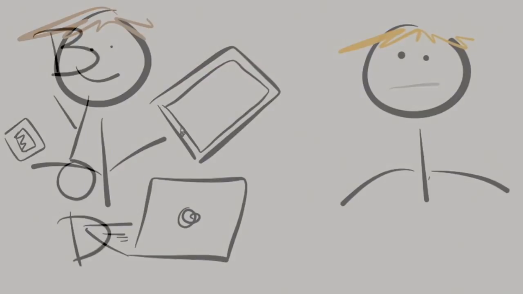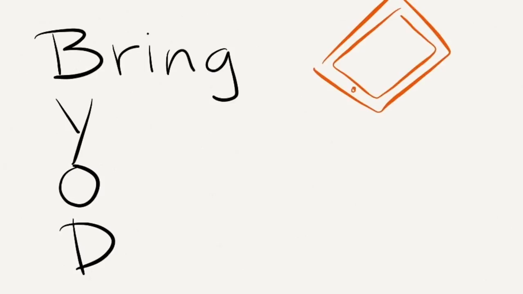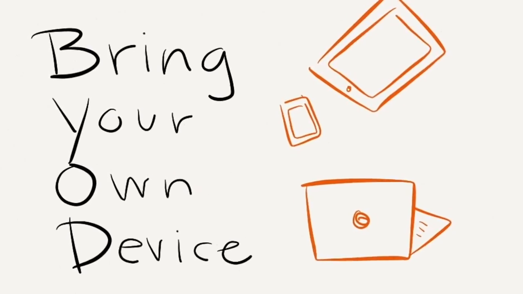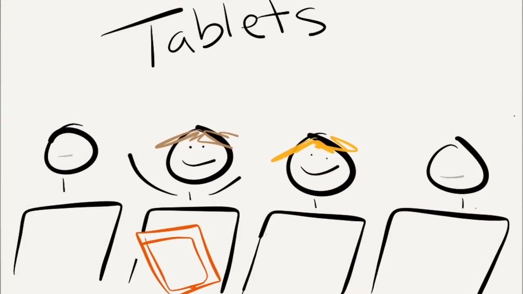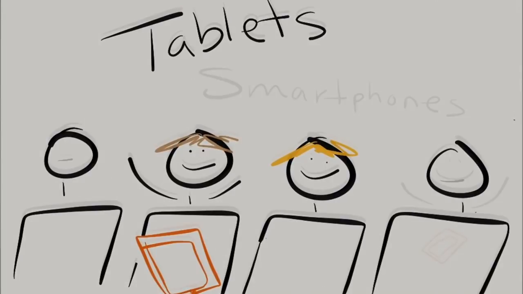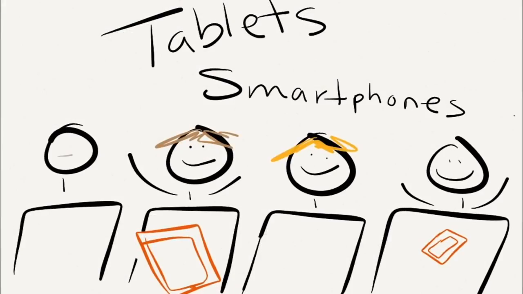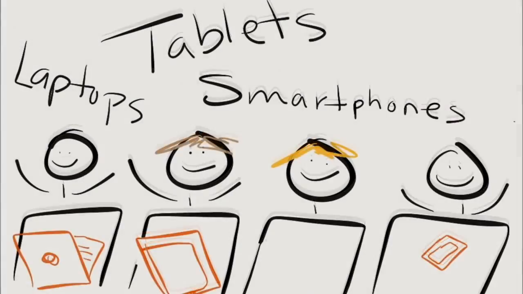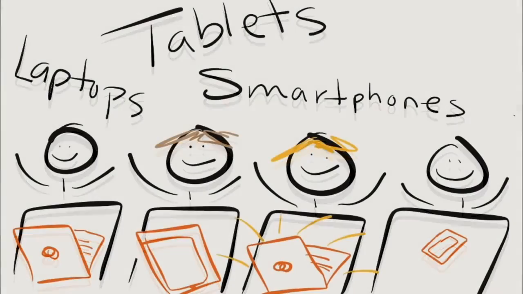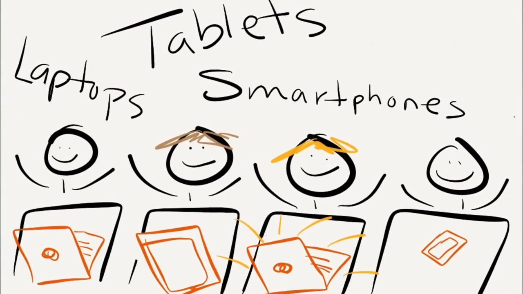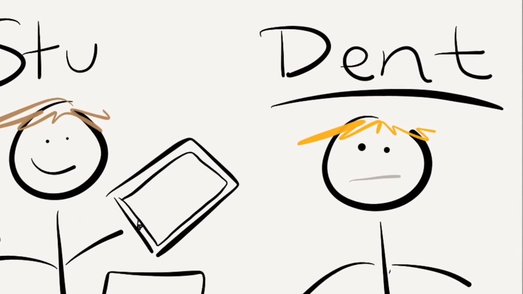There's a new push for BYOD, Bring Your Own Device, where Stu could get internet access at school with his tablet, and his classmates could use their smartphones, you know they've got them, or even a personal laptop. And now Dent can have that much needed access to the school computer from the laptop cart. Now no one disappears. So let's put a big dent in the digital divide.